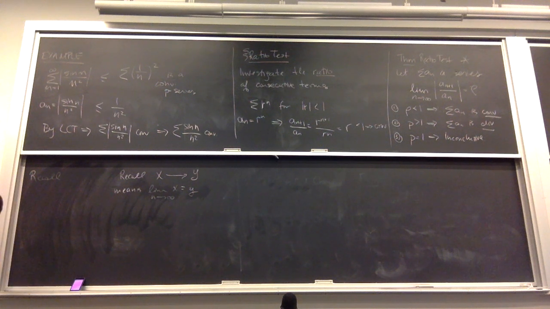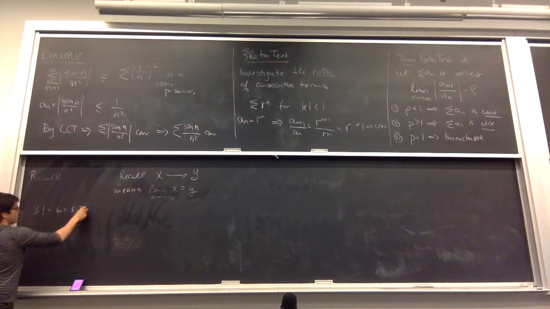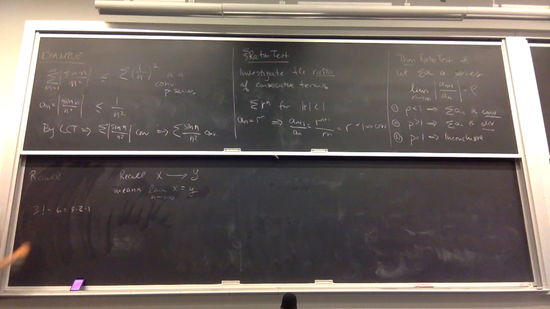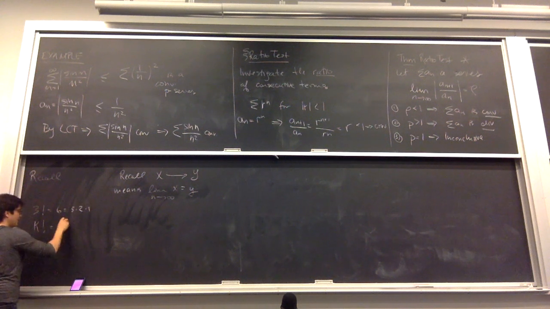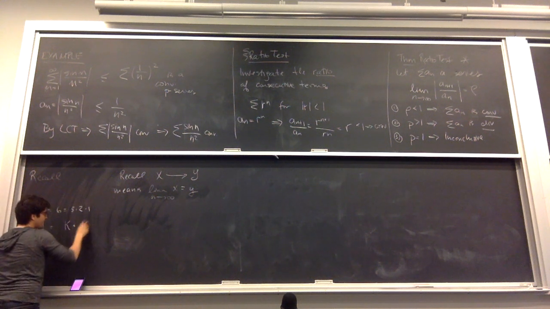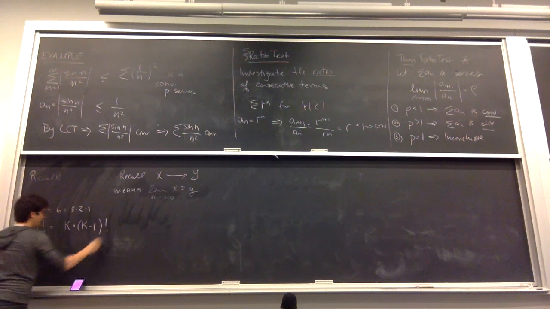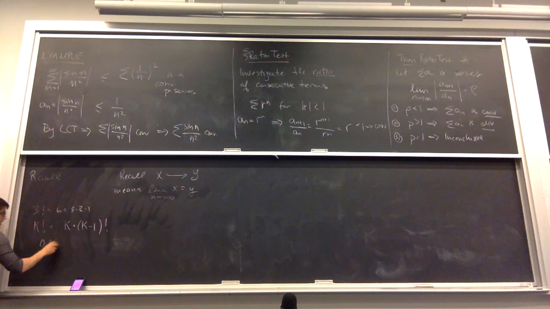Okay, so we're going to have to now use the factorial. So can anyone tell me what 3 factorial is? So it's 6, right? This is 3 times 2 times 1. In general, k factorial is equal to k times (k minus 1) factorial. And 0 factorial is 1. It's weird.